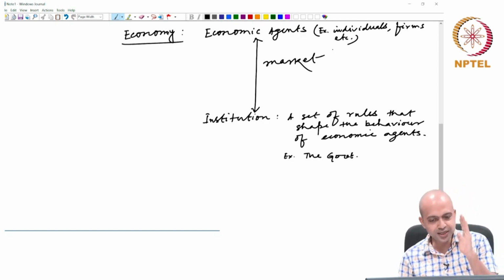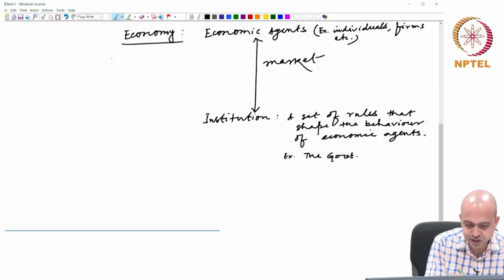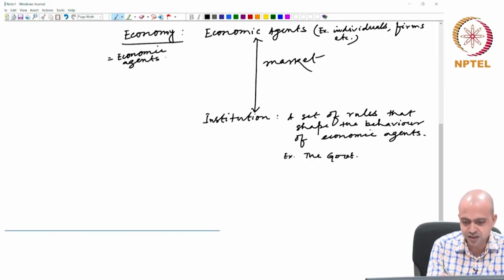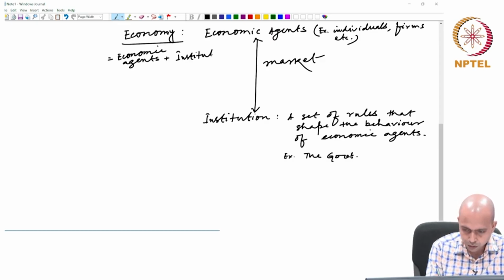So, when I say economy, economy is basically a summation of economic agents plus the institution they form plus the market.